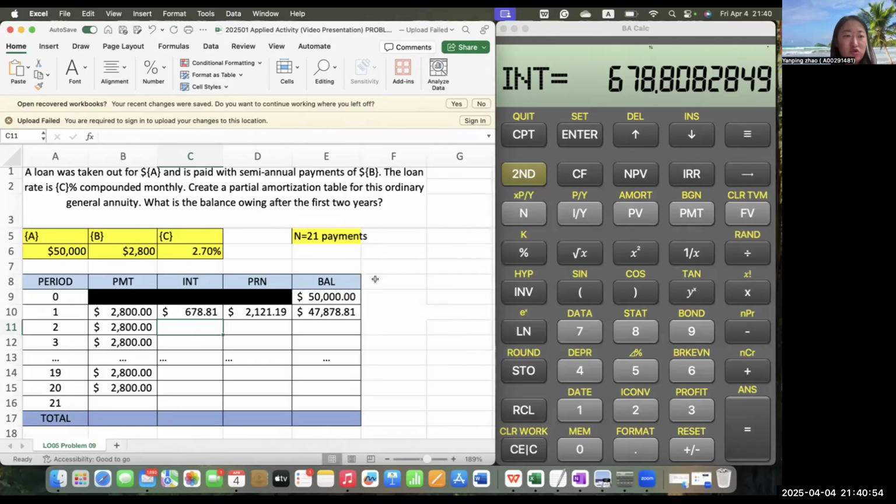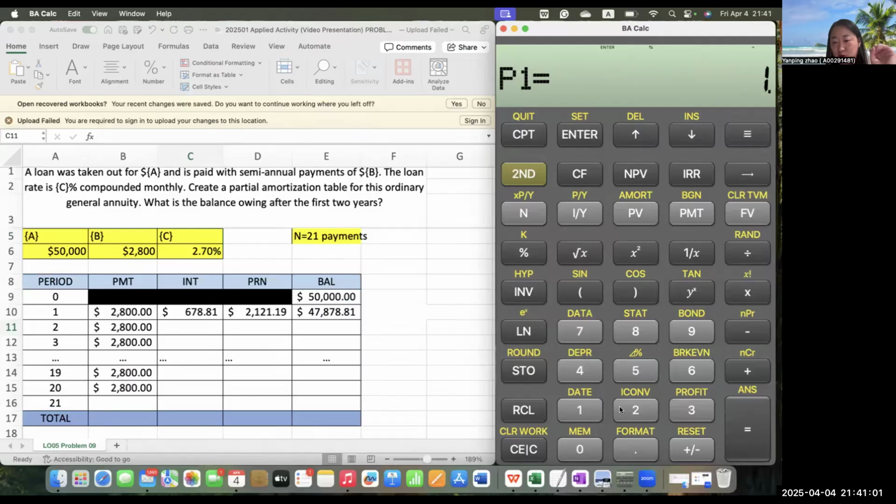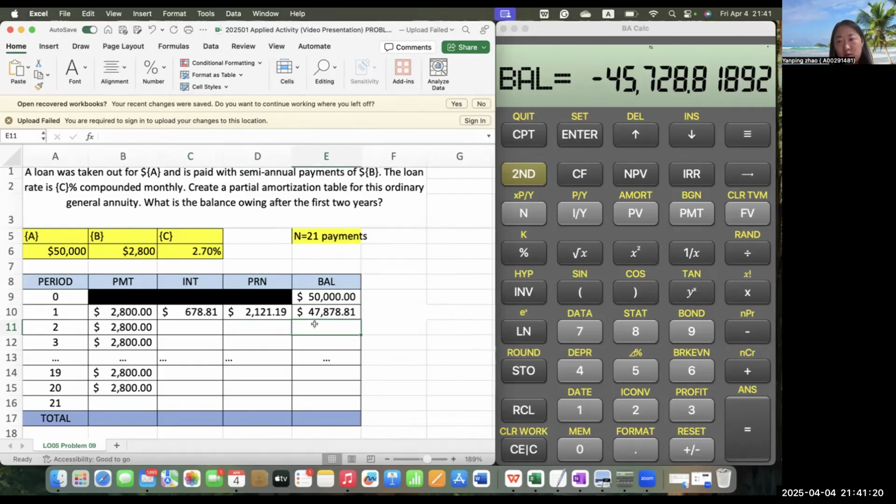We are going to start with interval number 2. P1 is 2, P2 is 2, and press the arrow. We got the balance at the end of interval 2. We don't need to write the negative.